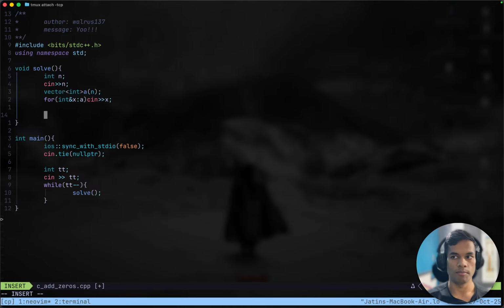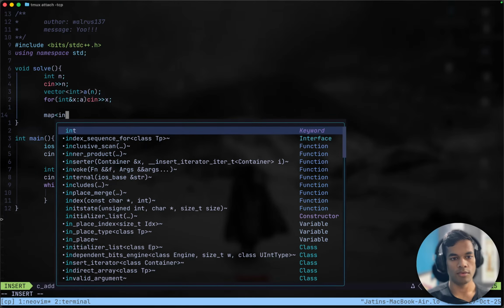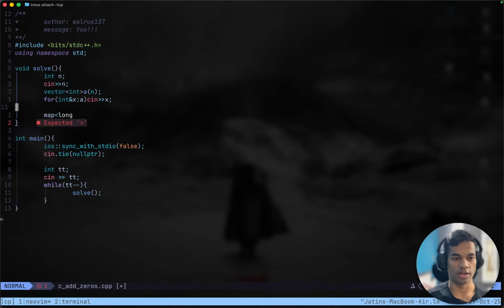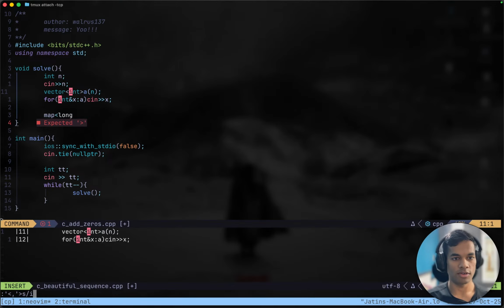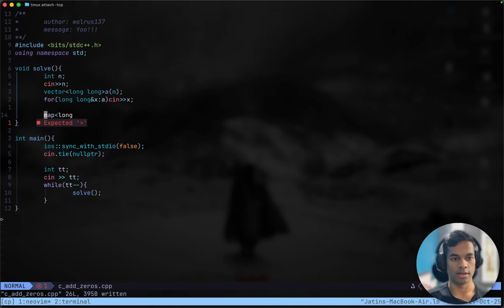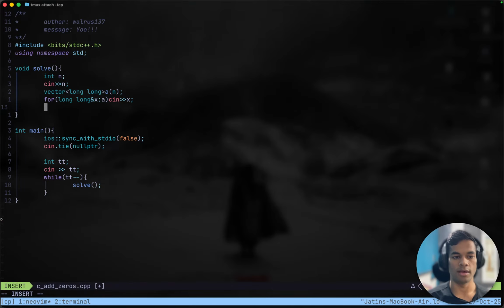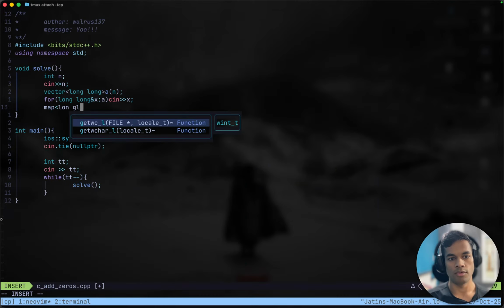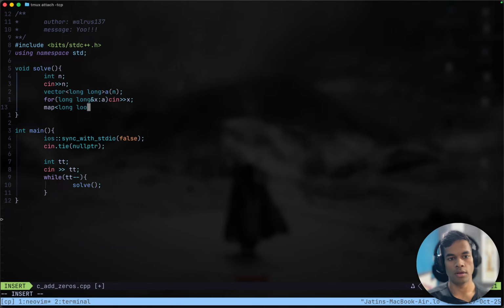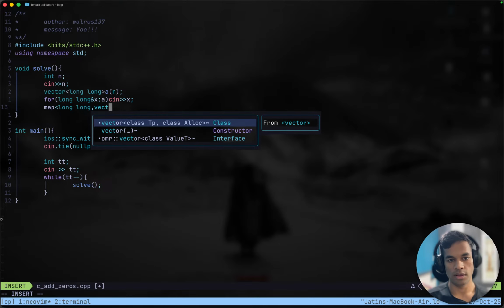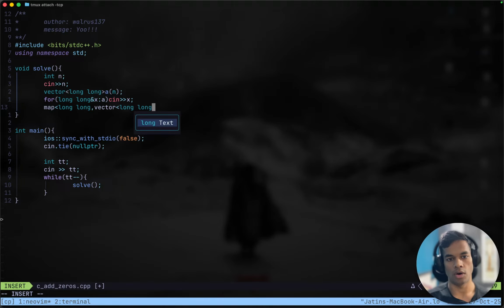That is what we did. Why do we need a map and a set? Let's first say we will have a set and also check. Again, the same mistake. Here, instead of int, we have to have long. Right? So in our map, we will have a long value storing a vector of long.